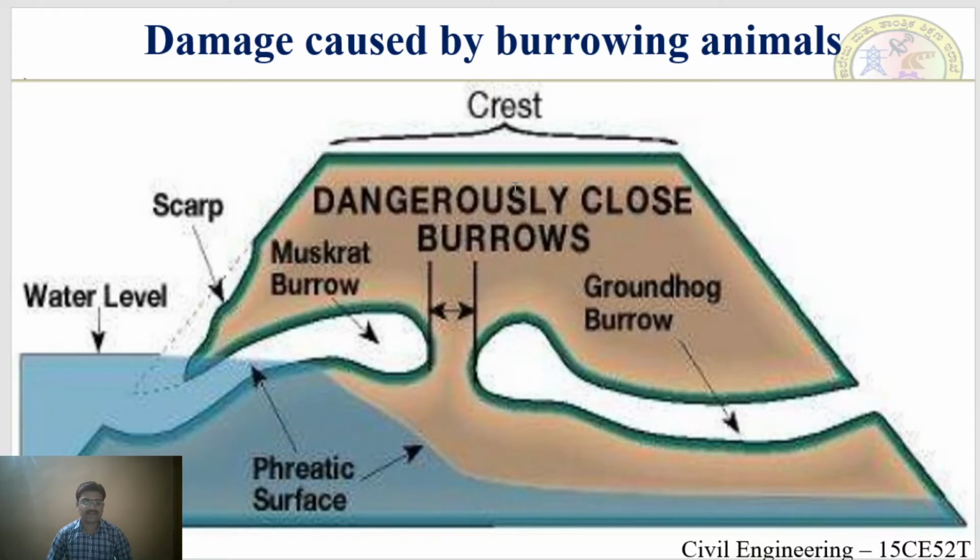Phreatic line means it is the top of the flowing saturated soil mass, below which seepage takes place. This is the phreatic surface. Now the muskrat starts digging its hole from the upstream side. There is a groundhog burrow, which is an animal that starts its home by digging the hole from the downstream portion of the dam, and hence the earth dam becomes weak and there is damage caused to the earthen dam.